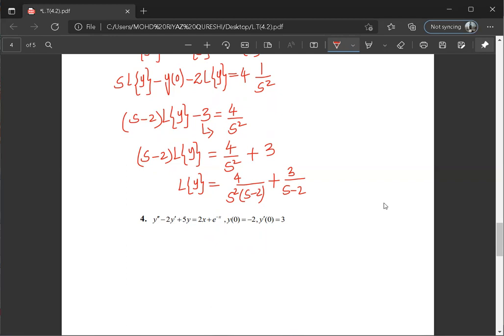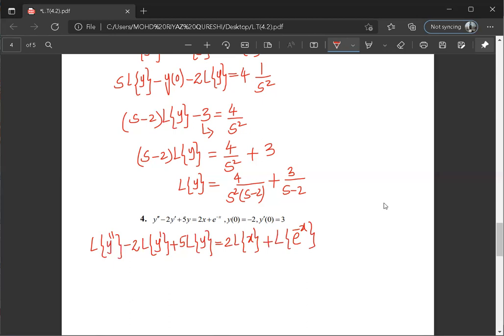So for the second question also, we are taking Laplace on both sides. Y double prime minus 2 y prime plus 5 y equals 2x plus e to the power of minus x. By the linear property, 2 will be pulled out: y double prime minus 2 times Laplace of y prime plus 5 into Laplace of y is equals to 2 times Laplace of x plus Laplace of e to the power of minus x.